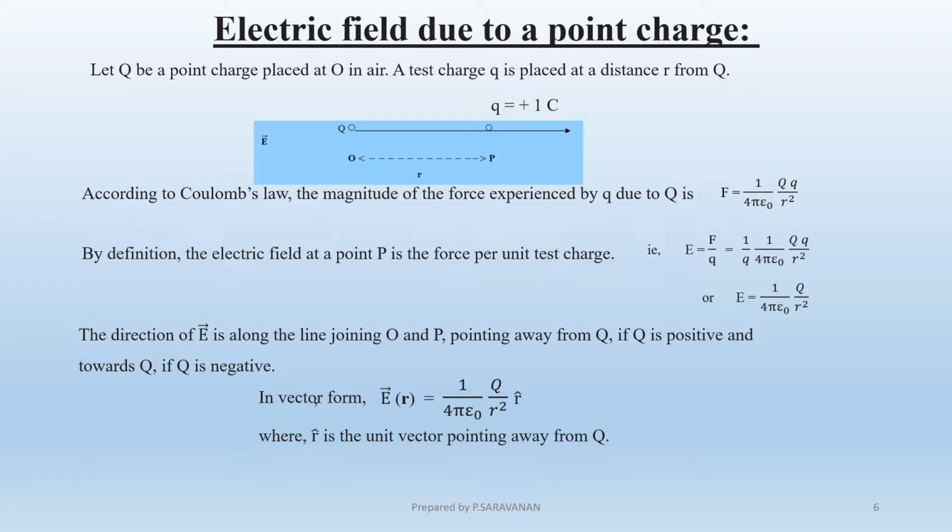Let capital Q be a point charge placed at O in air. A test charge small q is placed at a distance small r from capital Q. Now, according to Coulomb's law, the magnitude of the force experienced by small q due to capital Q is given by F equal to 1 by 4 pi epsilon naught into capital Q small q by r square.